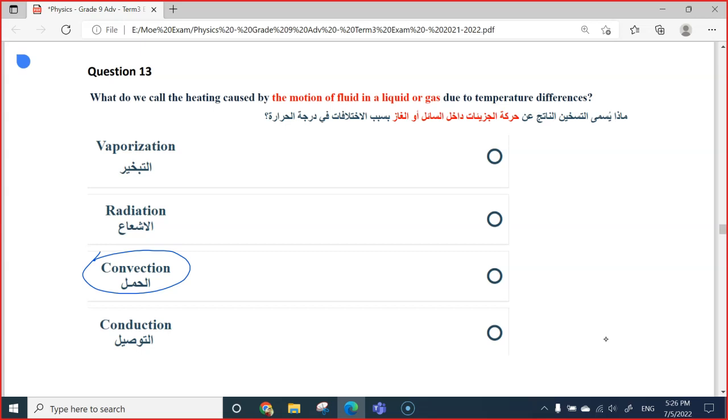So there will be a convection current. The water molecules will be circulating inside the vessel. So the transfer of heat or thermal energy due to the motion of the molecules is called convection.